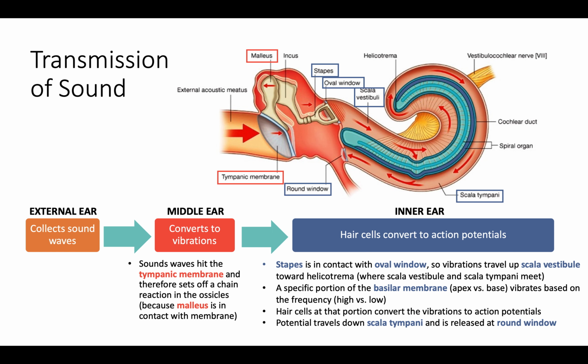So the transmission of sound, we first collect sound waves through our ear. The middle ear converts them to vibrations as the sound waves hit the tympanic membrane and sets off a chain reaction.